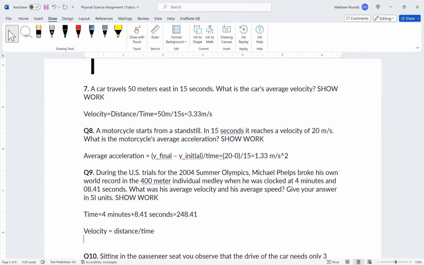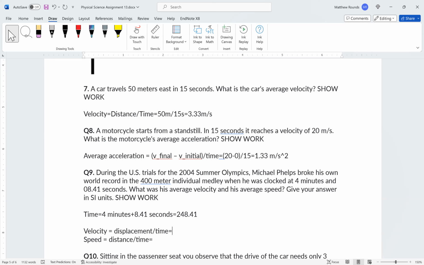Now there's this whole discussion of the difference between velocity and speed. Often these formulas are used interchangeably, but they're actually different. Velocity is displacement over time. So in the case of Michael Phelps or any swimmer, does he start and end at the same place or not?